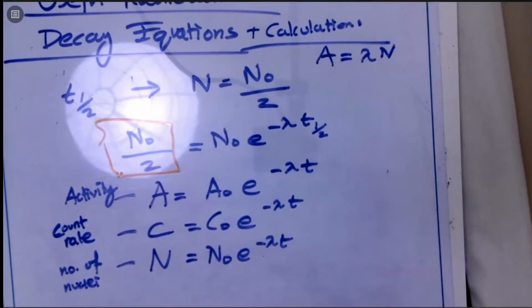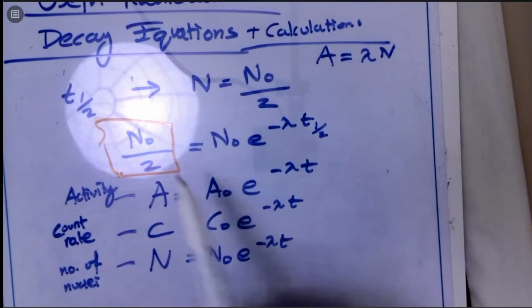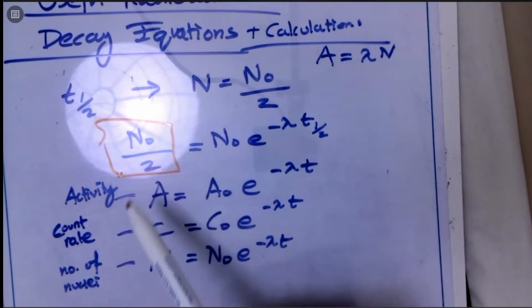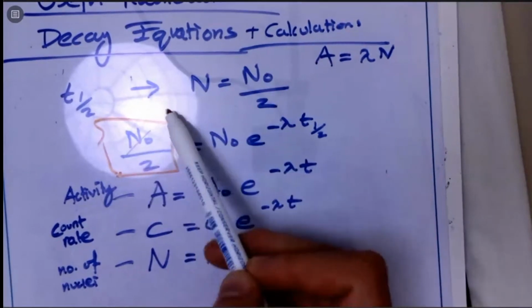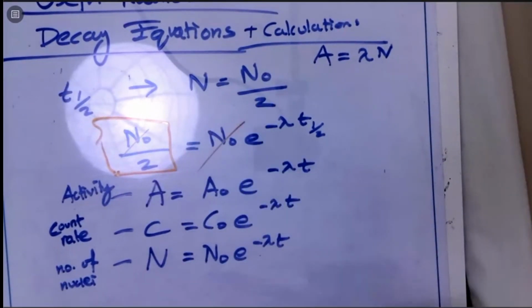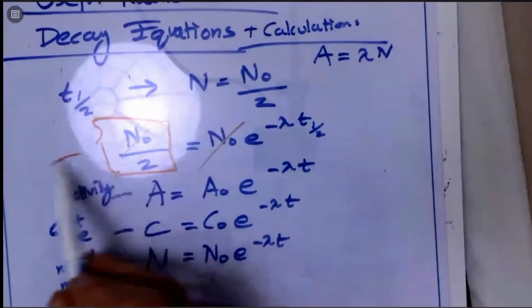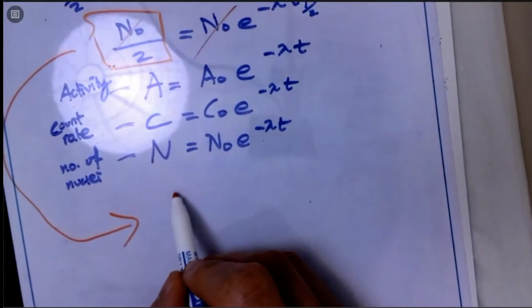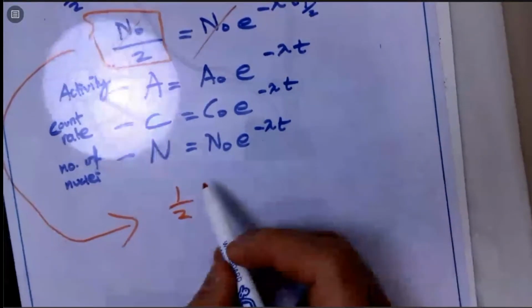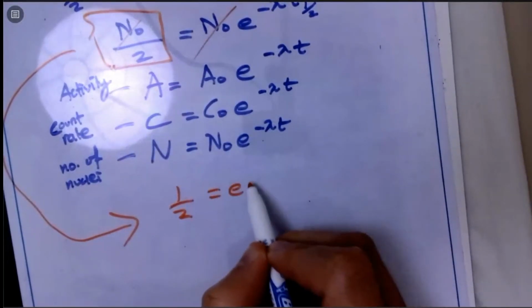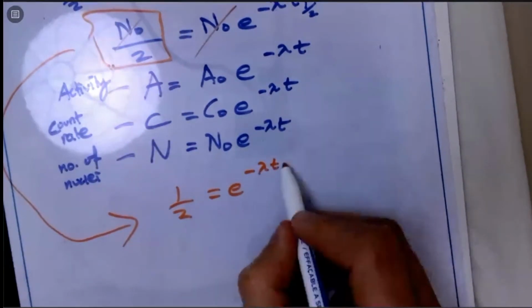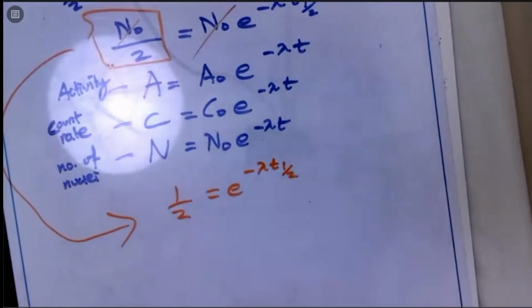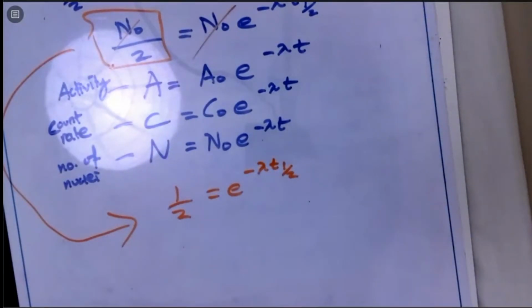Okay, now those mathematicians among you will see I've got a common symbol on both sides, so I can get rid of the N naughts, can't I? Which means I can simplify this term here to simply a half, equal to e to the minus decay constant times the time interval, the half-life, like so.